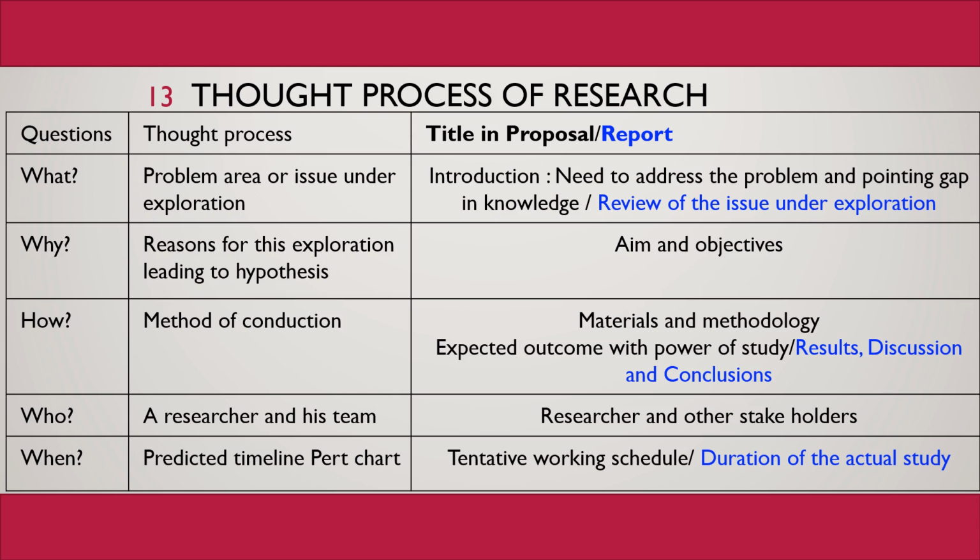And in times like COVID-19, you have to finish the work within 6 months to 1 year. So this is the basic thought process of research, which gets converted into introduction, aim objectives, material methodologies, results discussion, conclusions in a research project.